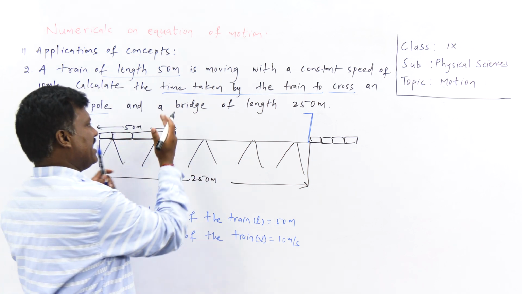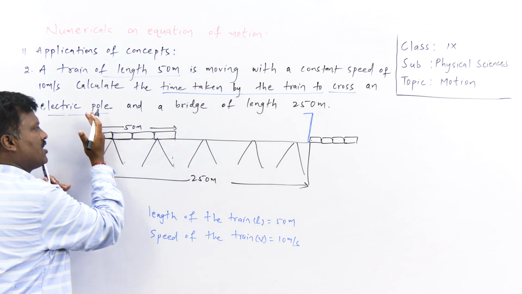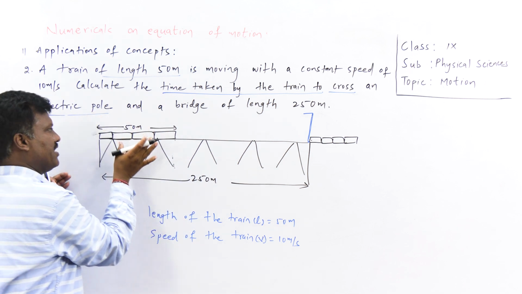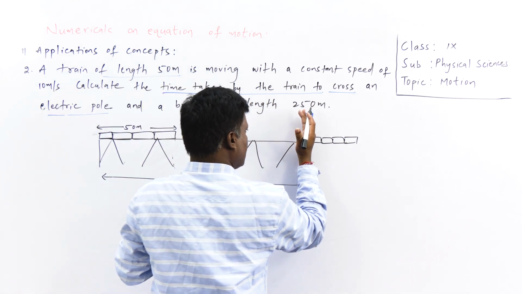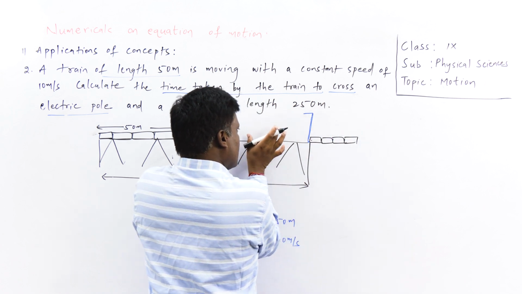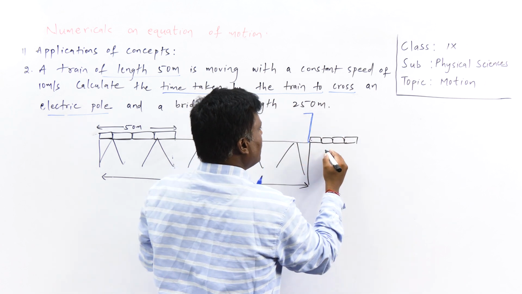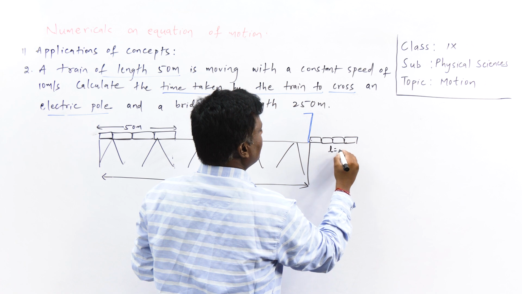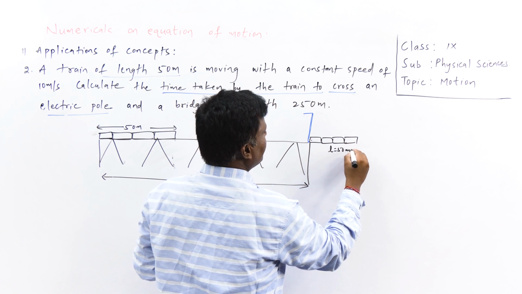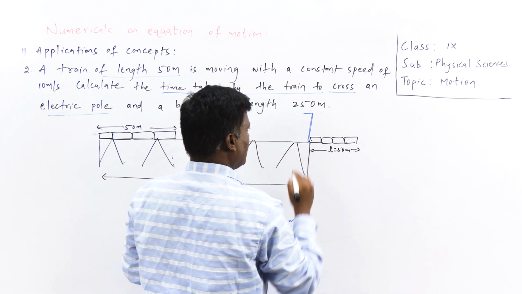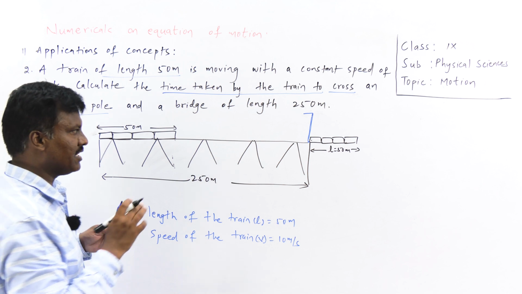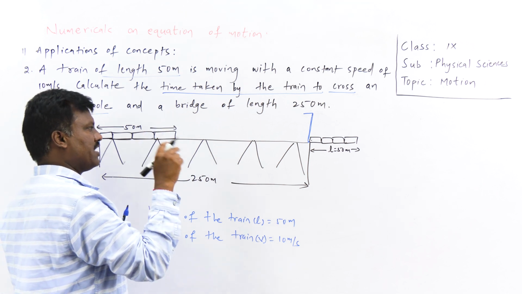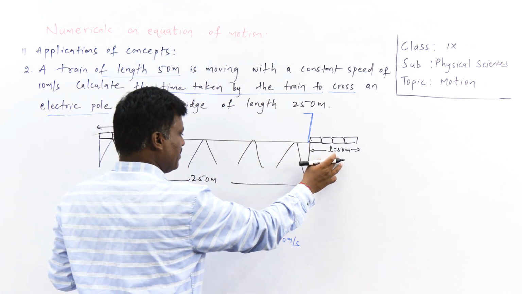From the engine onwards to the last compartment, what is the length? 50 meters. So whenever a train crosses this electric pole, the total length of the train crossed is 50 meters. So the distance crossed by the train is only 50 meters that we have to consider.